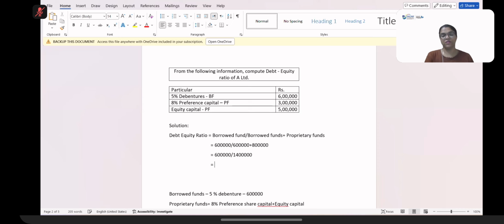So what is the answer? आपको क्या आंसर आया है? Yes, 0.428 is to 1. Something like this.